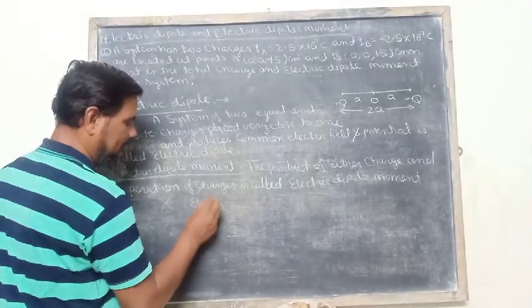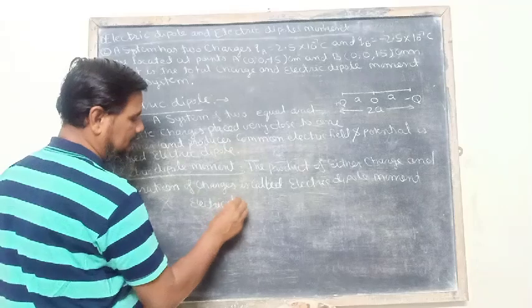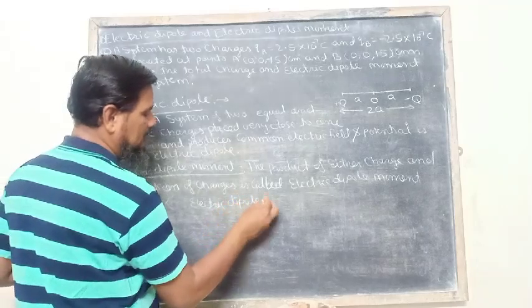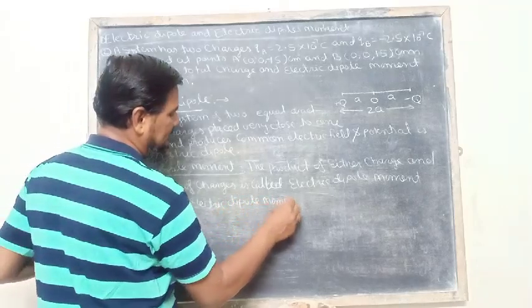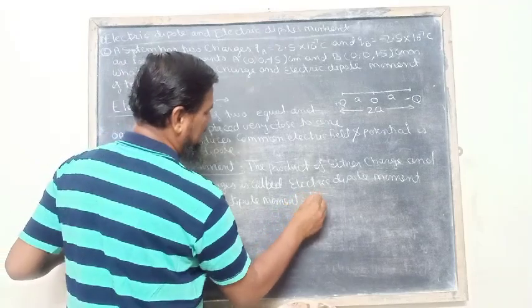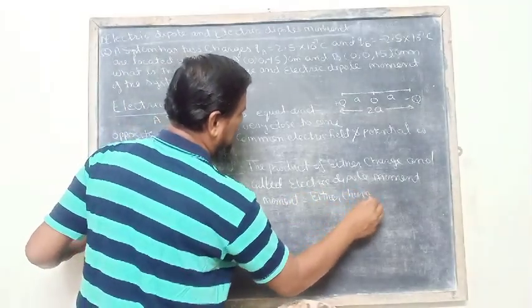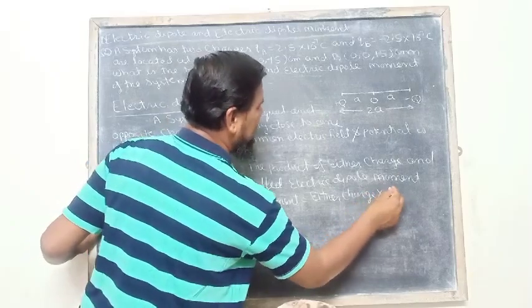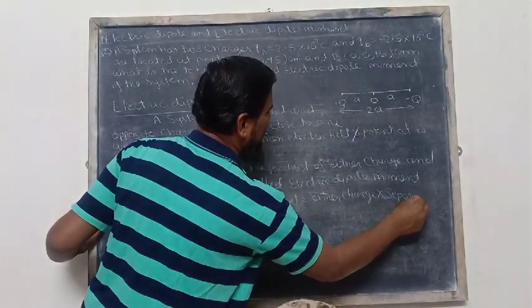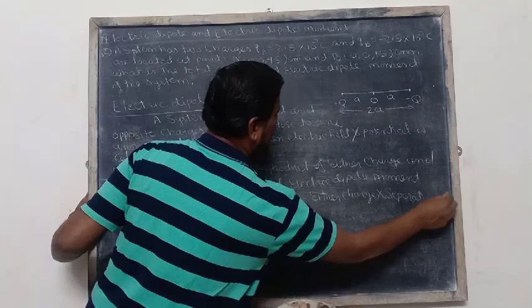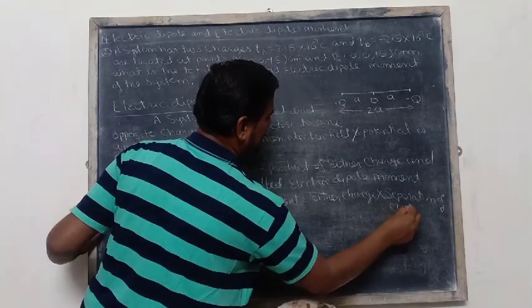Electric dipole moment is equal to either charge multiplied by the separation of charges.